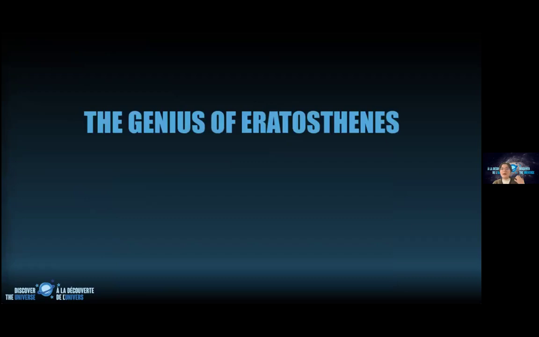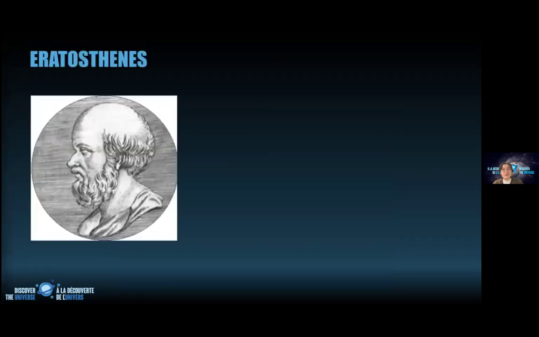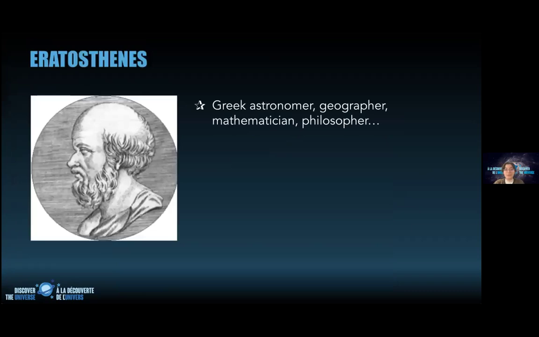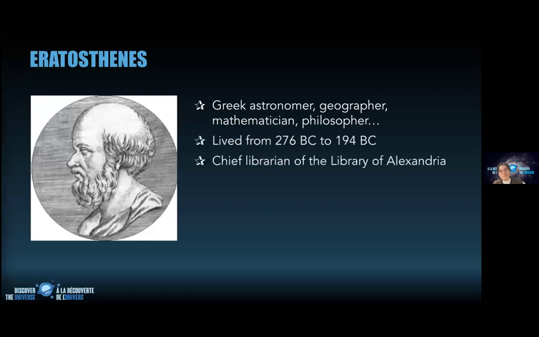Okay, so I'll go into Eratosthenes and talk a bit about who he was and what he did. He was a Greek astronomer, geographer, mathematician, philosopher. He did so many things, but I think the best thing about him was that he was very curious, and very interested in learning and understanding things.